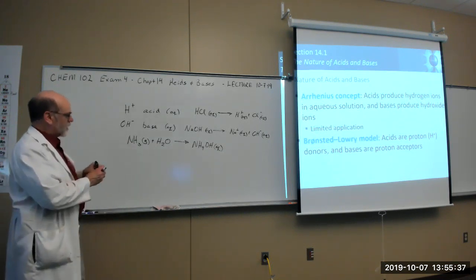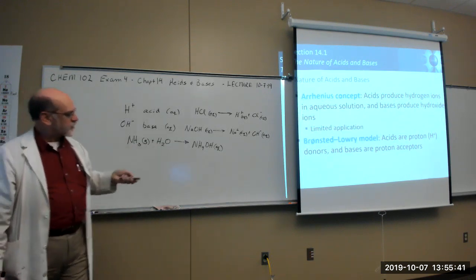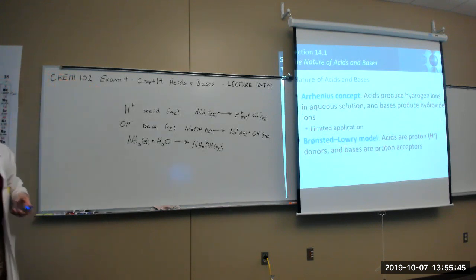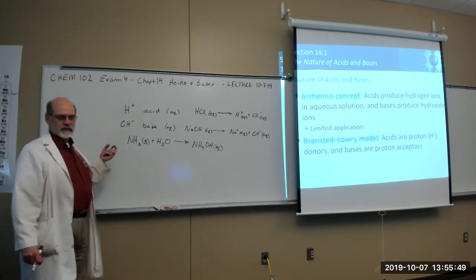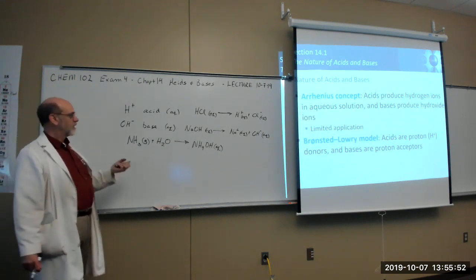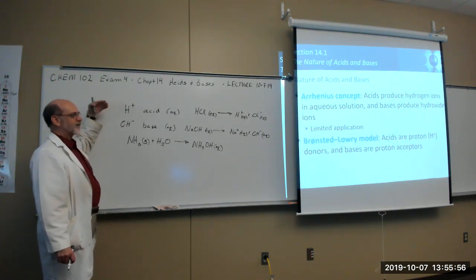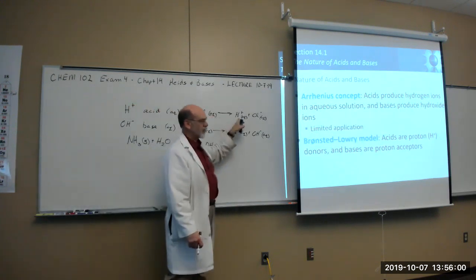Now, this comes years later, Bronsted-Lowry proposed that an acid was a proton donor, something that gives up a proton. So it still satisfies the Arrhenius concept of an acid because it donates this proton that's available.